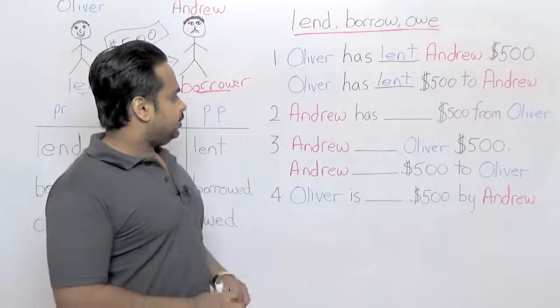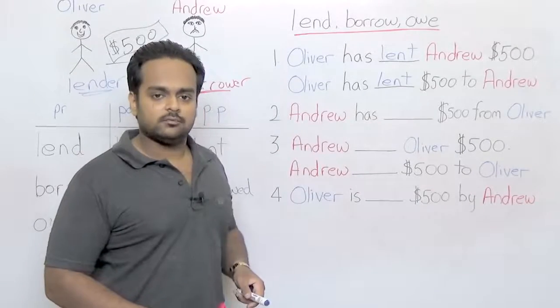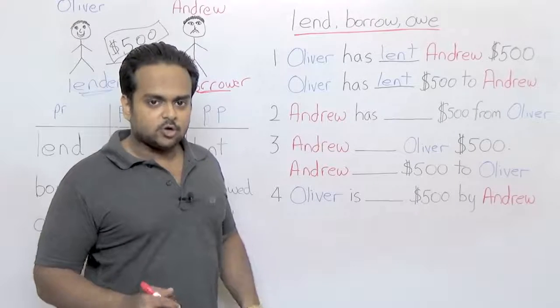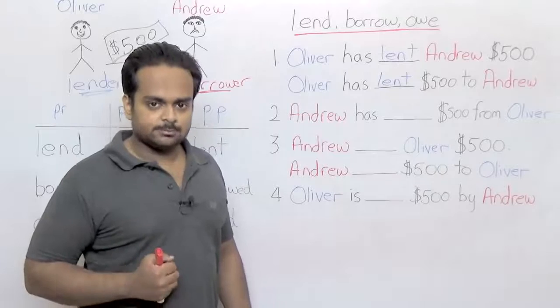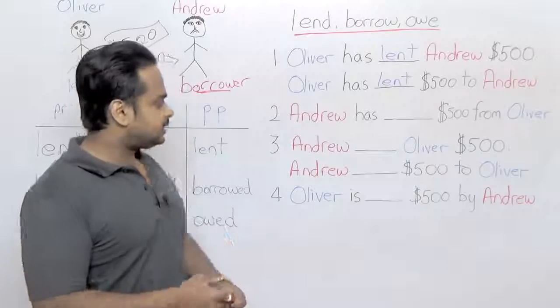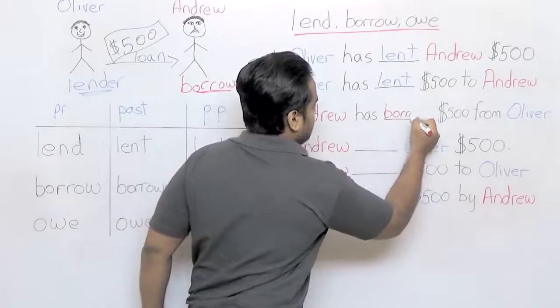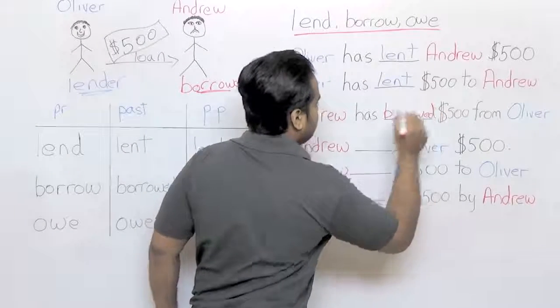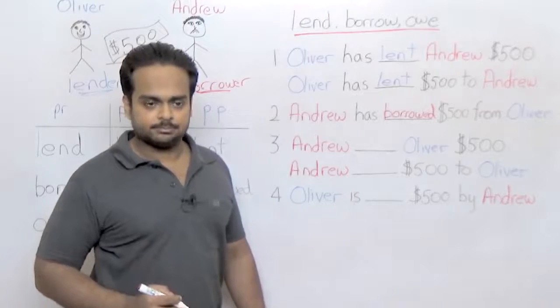In the second example, Andrew has $500 from Oliver. Here we're saying that Andrew has taken $500 from Oliver as a loan. Remember that the word for that is borrow. So Andrew has borrowed $500 from Oliver.